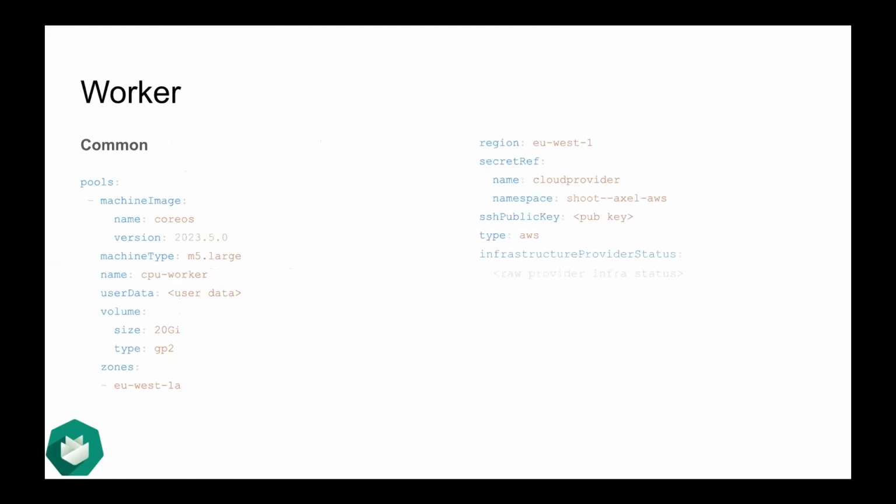Just again, to give you some idea how this all looks like, you see here that we have the pools. I've just extracted one of them, where we specify, okay, we want to have a machine of type CoreOS with this version. As you can see, in contrast to our previous shoot API, it's not name to AMI, it's name to version.